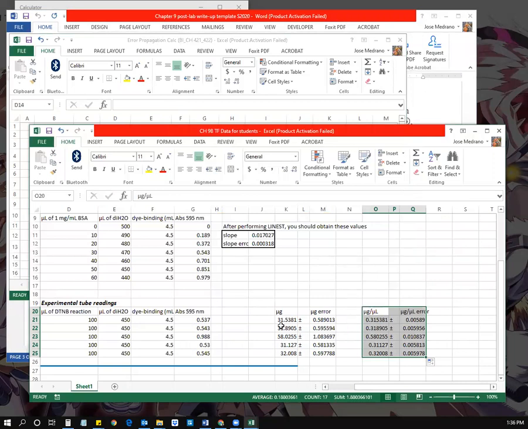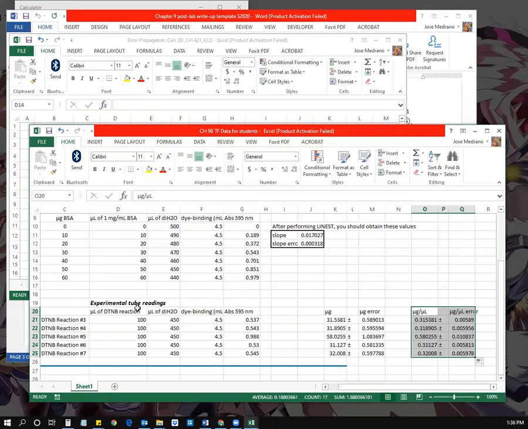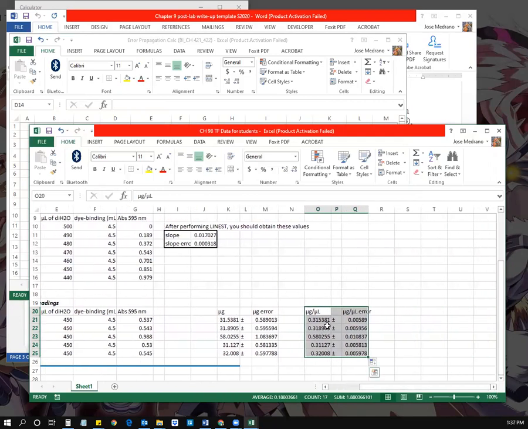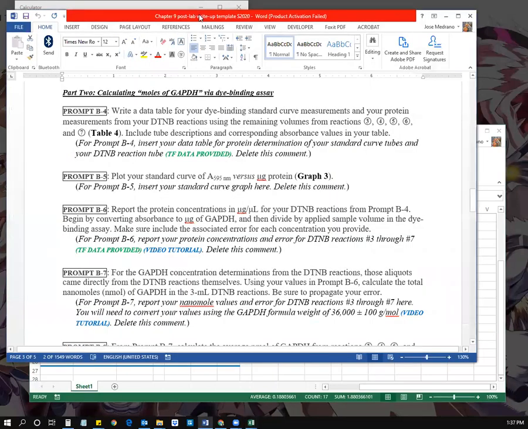Once you have your micrograms and the associated error for that, then essentially what you're going to do is just divide by the volume of those dye binding reactions, and then you'll get the corresponding micrograms per microliter concentration and also the corresponding error of those micrograms per microliter concentrations. So this is pretty much going to be the answers that you'll report in prompt B6.